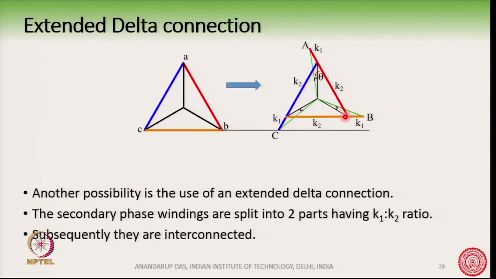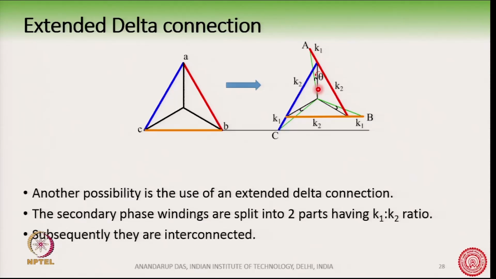So, this phase comes and connects here, this phase comes and connects here. So, then again we find that there is a theta angle between the voltage at point A and the voltage at small a here, a phase shift between the primary and secondary side.